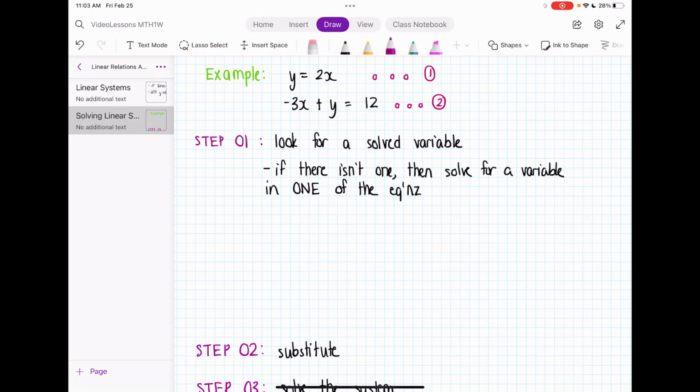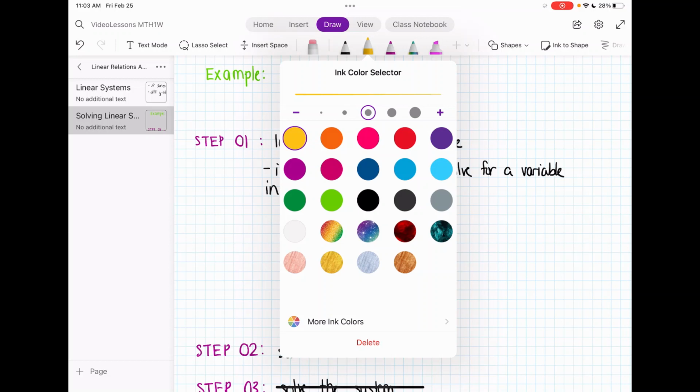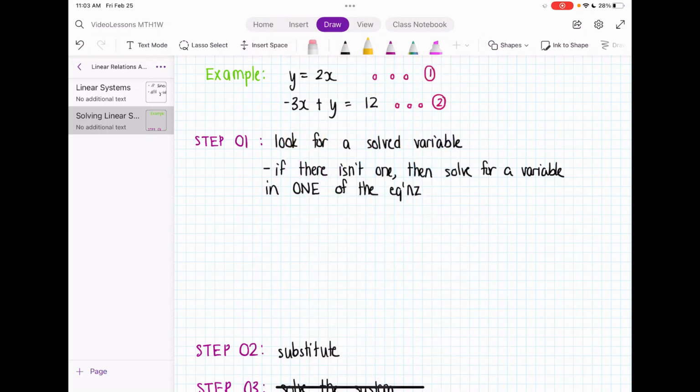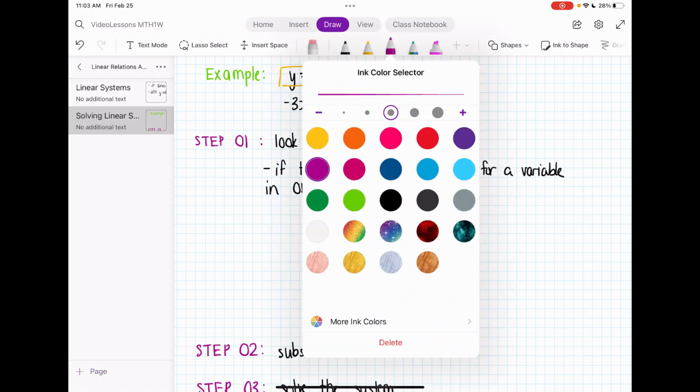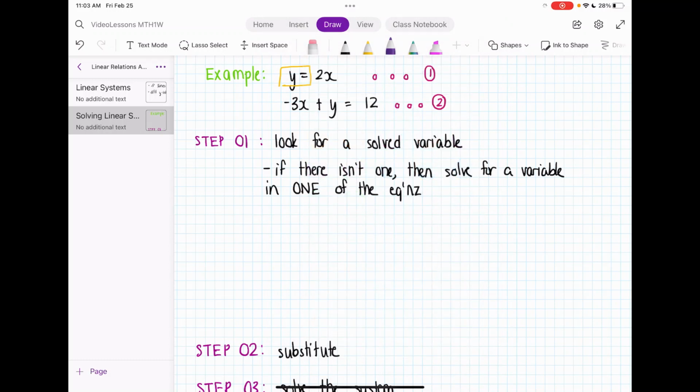If I look here, in my given system, I can already see that in equation 1, I already have y equals, all right? So I want you to adopt these little steps where I put things in a different color so that you can see where it's coming from. So I'm going to say from 1, because this came from equation 1, we have y equals 2x.